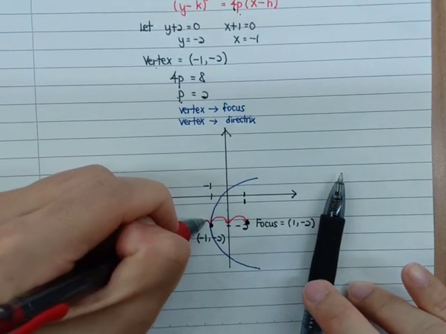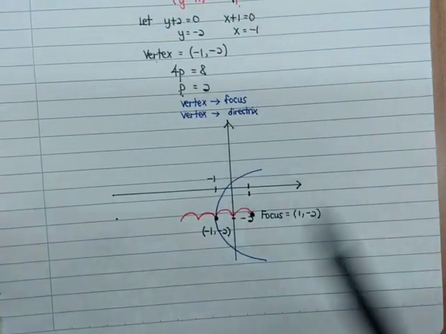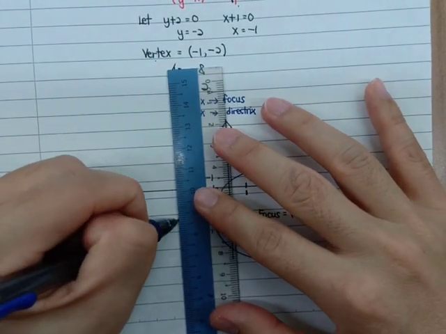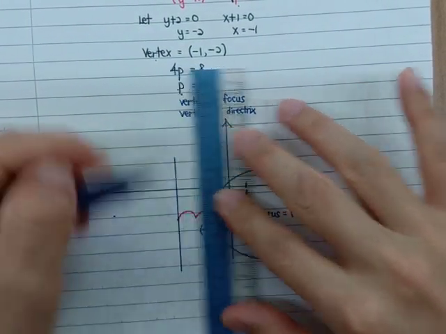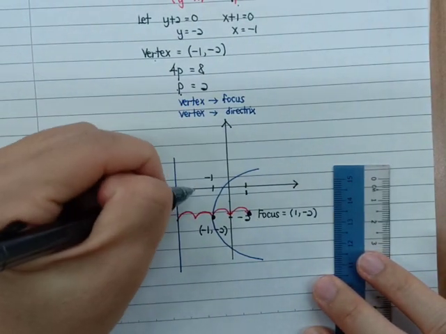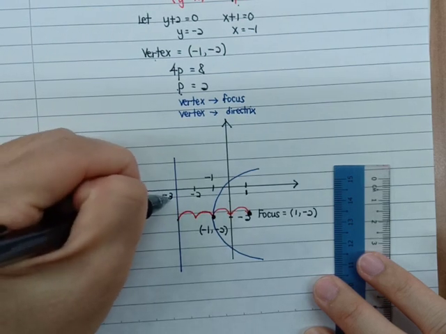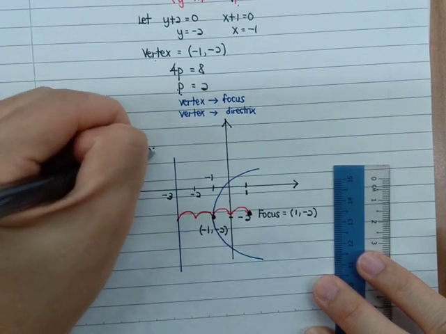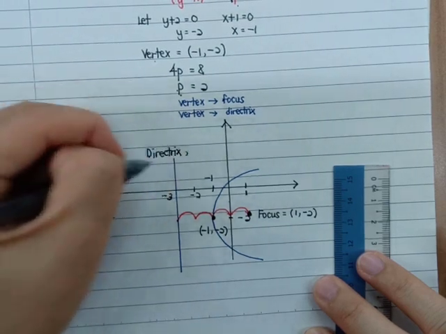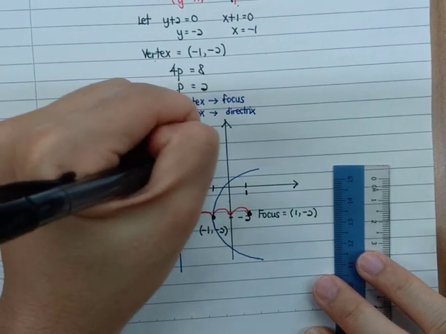Let's say p, 1 unit, 2 units. So this is my directrix. Directrix is a straight line. You can see that from here, here is negative 2, here will become negative 3. So directrix is x equals negative 3.